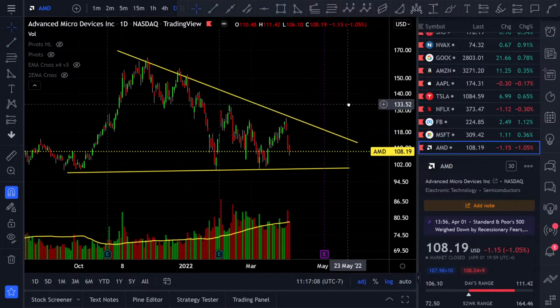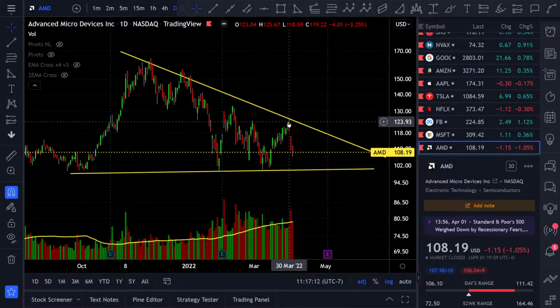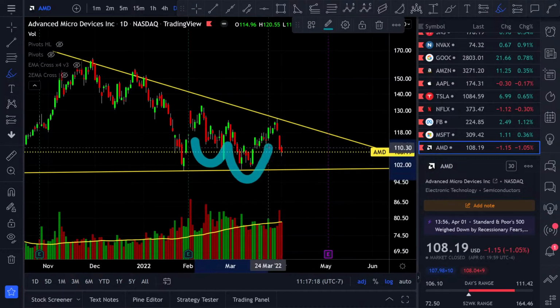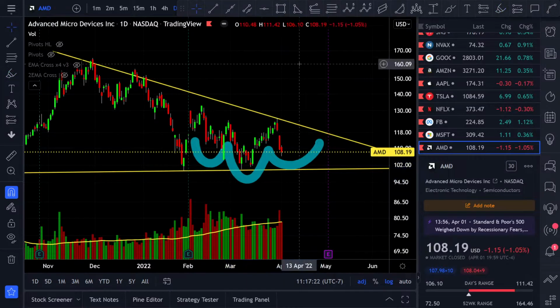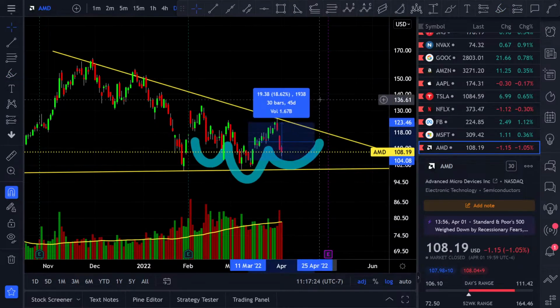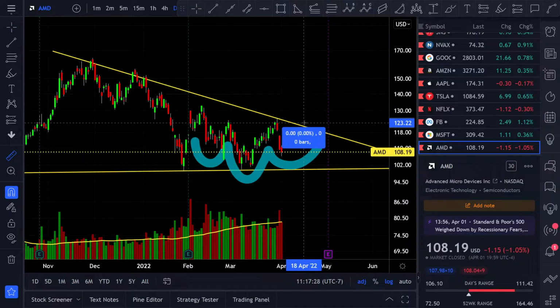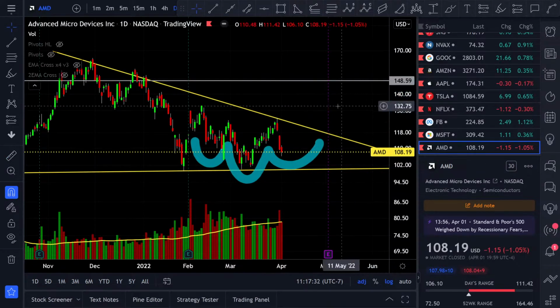So you see here, it's inside of this larger triangle, just stuck. It hit that pivot point of the resistance, crashed down, and got stuck. But is this an upside down head and shoulders on a daily? That could be very powerful. 20%, 20%. If it happens to rally again, it needs to break way above here to the 150 level.